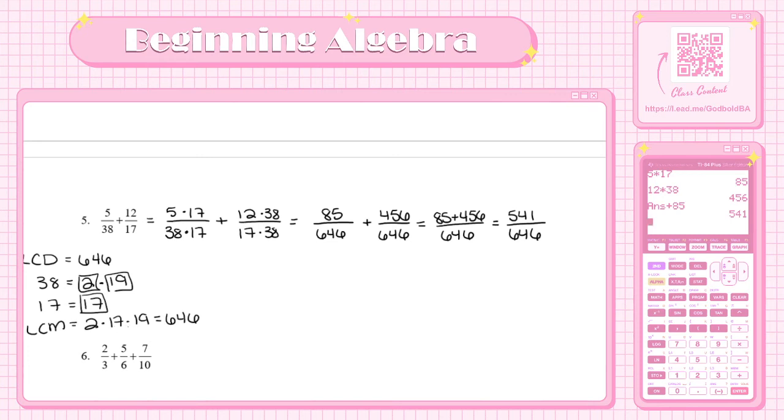It's 2, 17, and 19. So if 541 over 646 is going to simplify at all, 541 needs to be divisible by either 2, 17, or 19. So let's check. Is it divisible by 17? I know it's not divisible by 2. Nope. 541 divided by 19. Nope. So this is a completely simplified fraction. We don't even need to do anything.